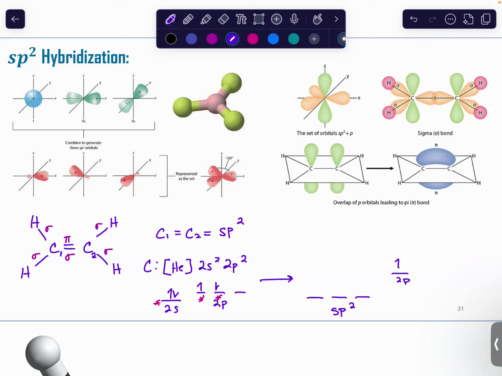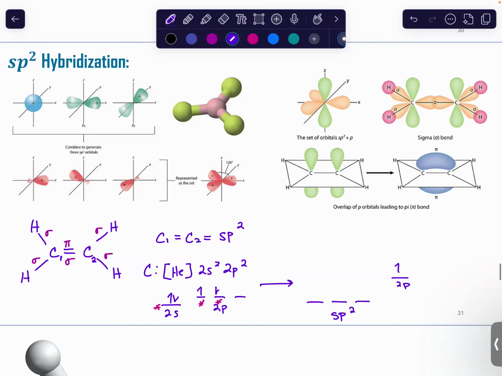How are those going to space out? Where are they going to go? Yep. 1, 2, 3. So that's 3 sigma bonds and a pi bond.